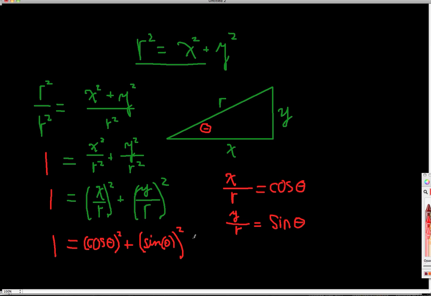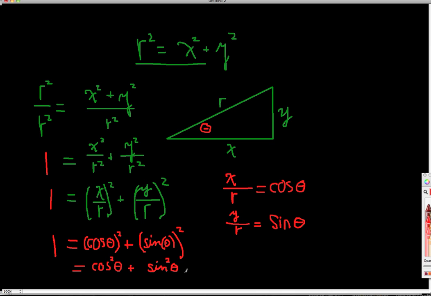And usually we write cosine squared and sine squared in the following fashion. I'll write cosine, with a little squared here, cosine squared theta, plus sine squared theta. This is the customary way of writing this.